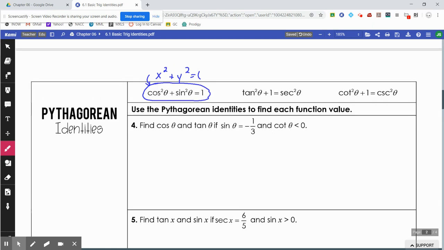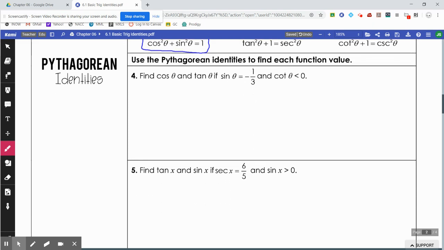Your second one, now I do want to show you, if you can remember your first one, if you can remember cosine squared plus sine squared equals 1, then you can use that to actually find the other ones. And let me show you how you can do that. You can actually take cosine squared plus sine squared is equal to 1. Go through, and there's 3 terms here, and divide everything by cosine squared.